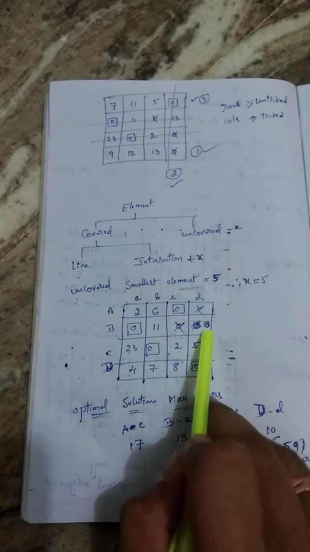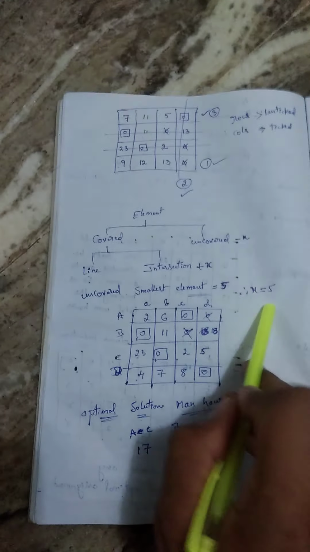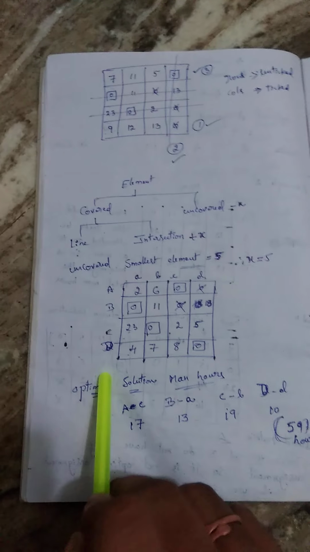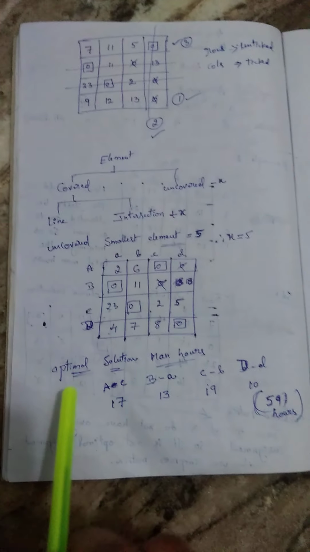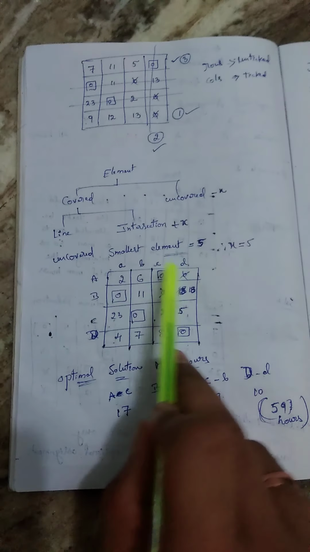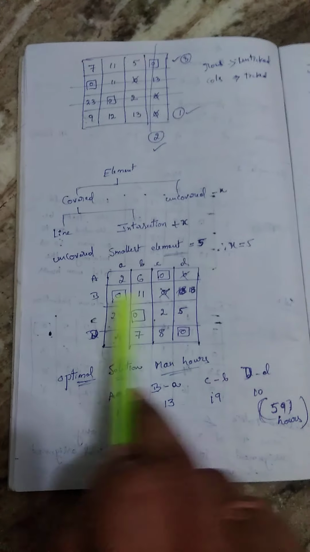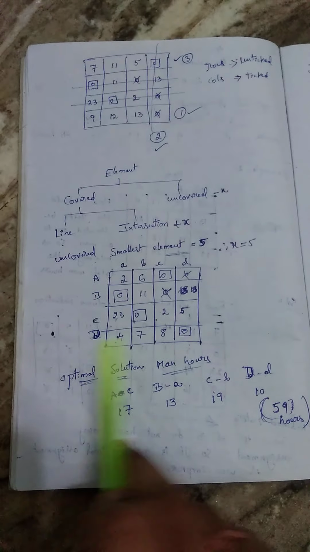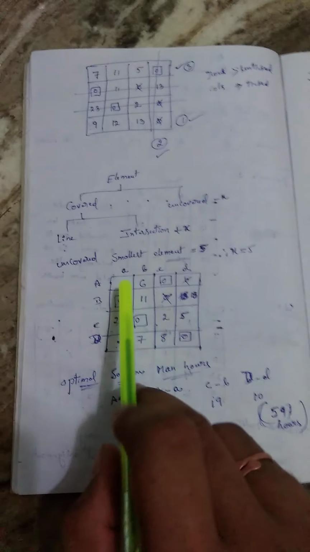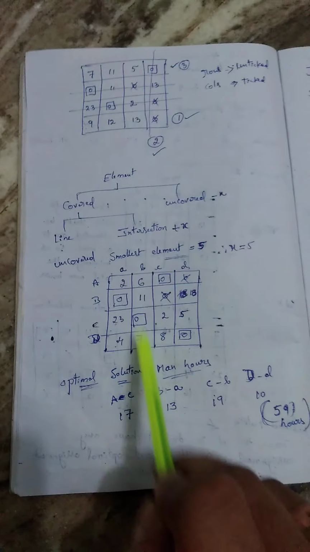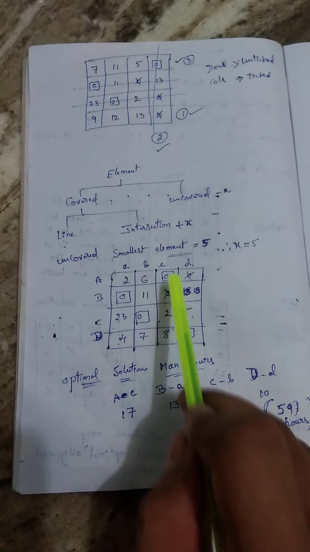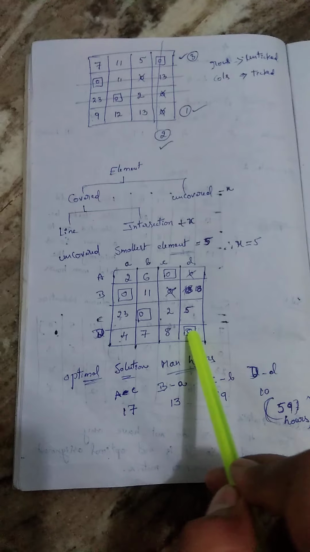The rest of the elements stay the same. After this, we get an assignment for each row: the first, second, third and fourth rows each have an assignment, and the columns also each have an assignment.